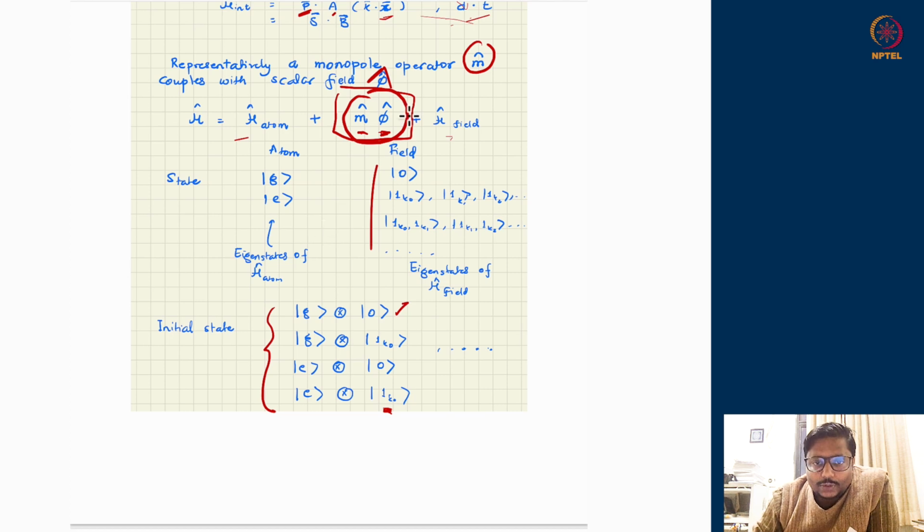But as soon as this term comes about, the total Hamiltonian does not remain the same. Any of these states, if you take them, are eigenstates of H atom plus H field. If the interaction term is not there, whatever state I am writing over here is an eigenstate of the H atom plus H field system. That means under time evolution, they will remain as they are. They will not evolve, only a phase will be picked up.